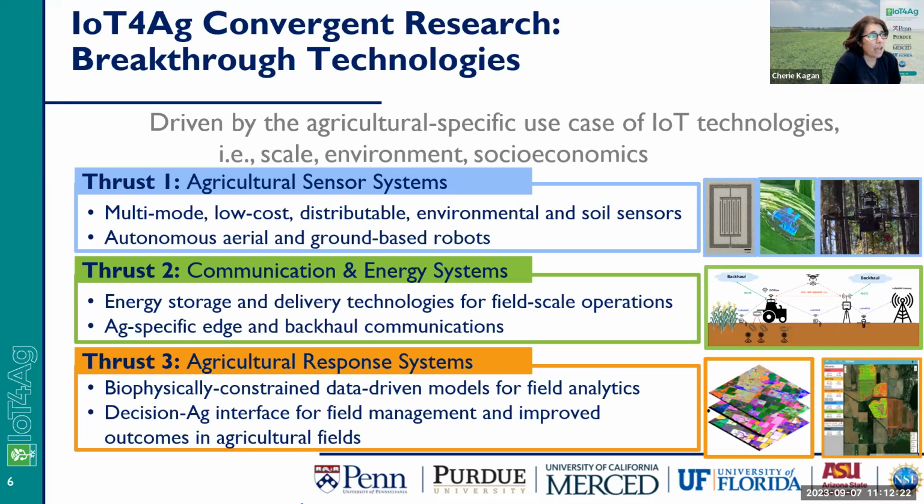We think about the challenge in communication, for example, in getting the data out, particularly thinking about the rural environments of many farms. So that may not have things like broadband. So how do we get data from sensors to farming systems and from farming infrastructure out to the cloud? And as well as how do we power those at field scale?